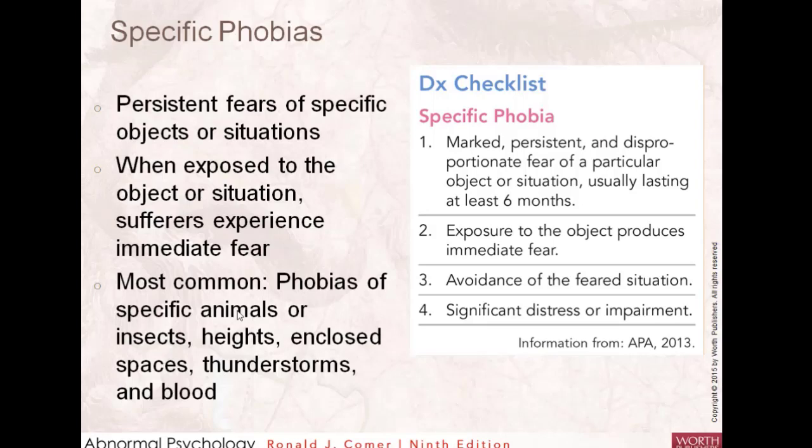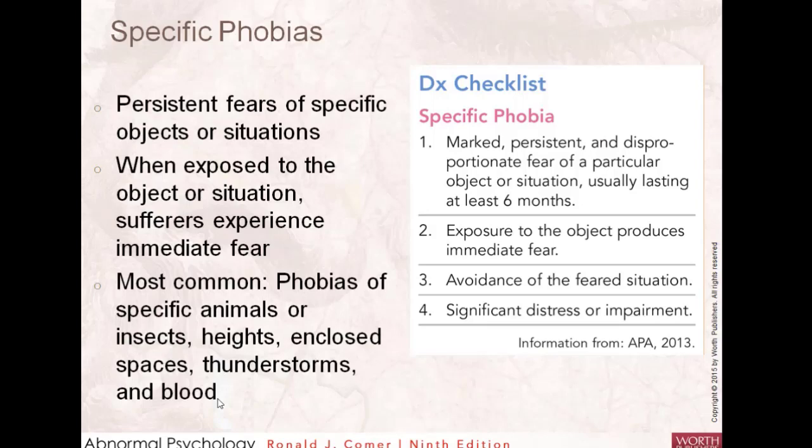Some of the most common are specific animals or insects. So you may have a phobia of dogs, or of spiders or snakes. Heights, enclosed spaces, weather-related phobias. It lists blood here, but needles could also be an example. Let me give you an example here.